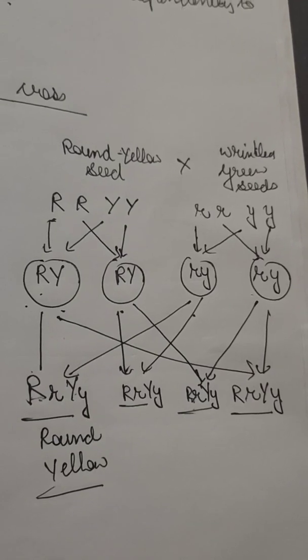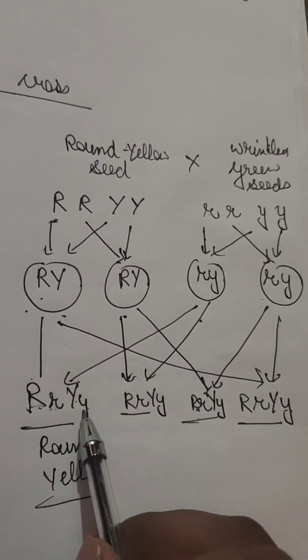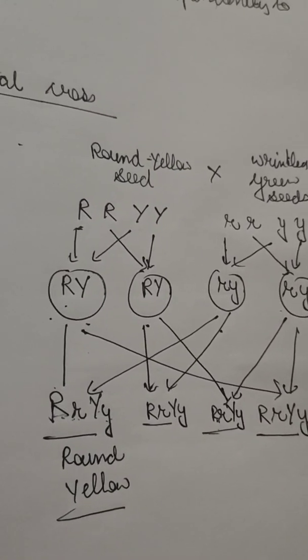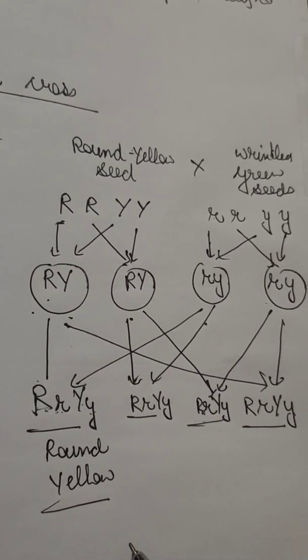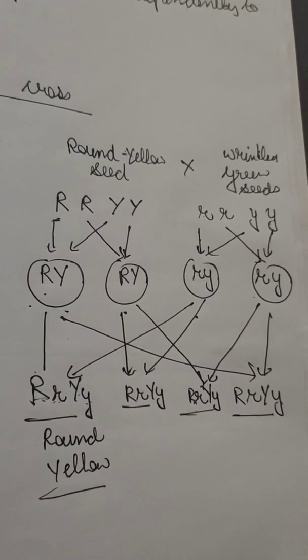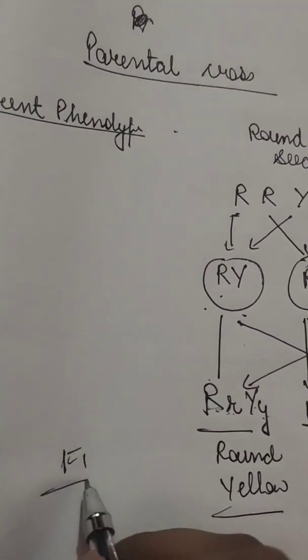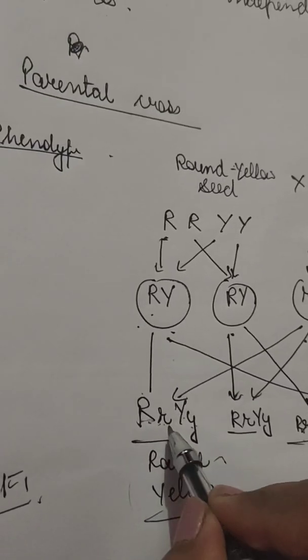The small r and small y, that is wrinkled and green, will be in the recessive form, so their traits will not be displayed in this generation. So this is the F1 generation. In the F1 generation, this is the phenotype, round and yellow, and this is the genotype.